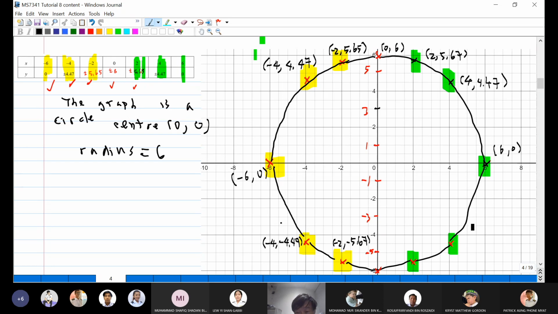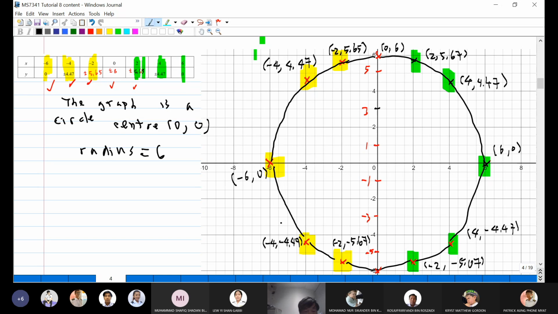When x equals 4 again, this is minus 4.47 because there are both sides. Then this one is minus 2, minus 5.67.